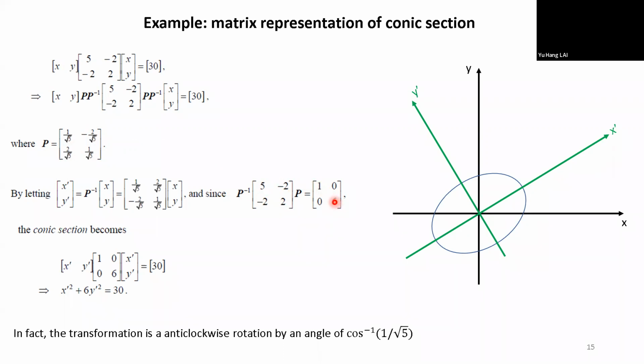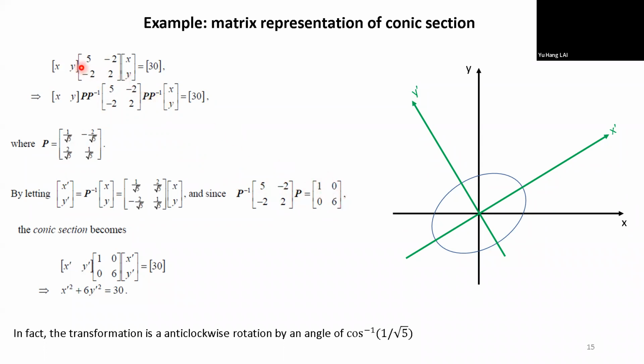In fact, you also know that because this is a symmetric matrix, and this is also an orthonormal set of basis vectors, this P inverse is actually also the P transpose. But now, I know that P inverse times the matrix times P is equal to the diagonal matrix.